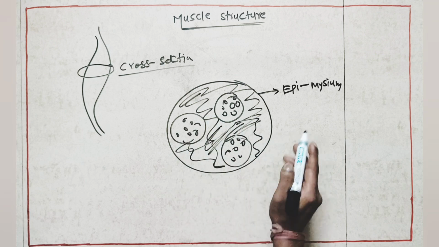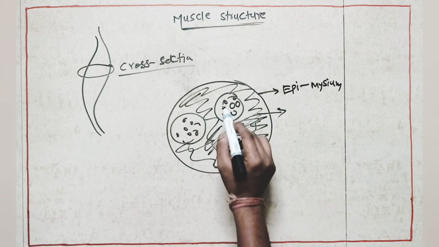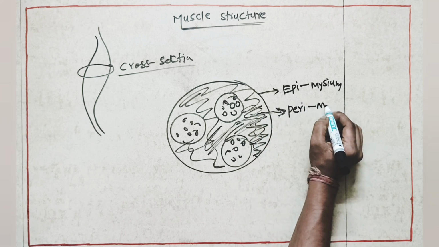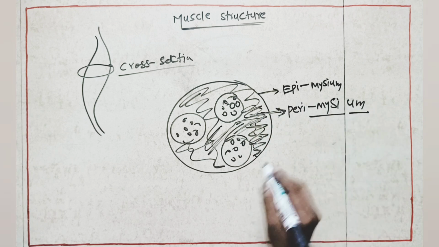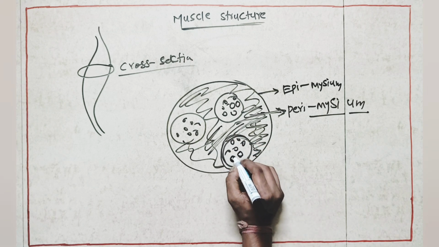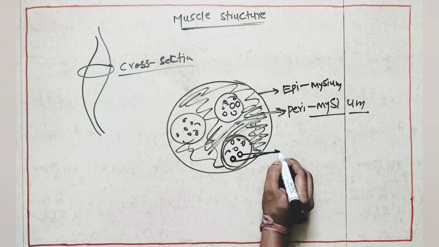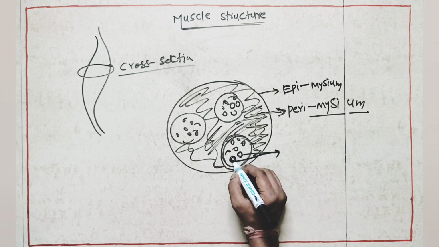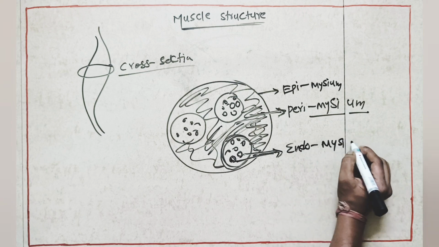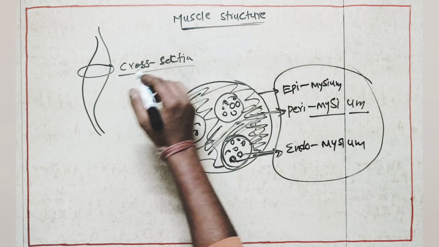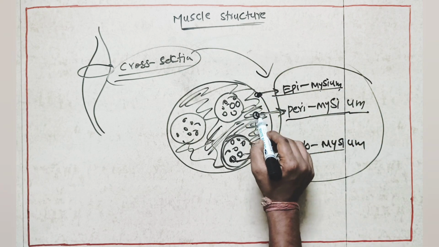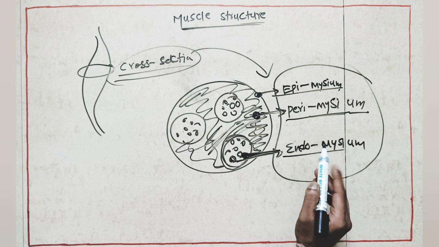Between all these fasciculi there is a layer, and that layer is called perimysium. Inside the fasciculi, the layer we can see here is endomysium. So these are the layers of the muscle. In the cross section of the muscle: this is epimysium, this is perimysium, this is endomysium.